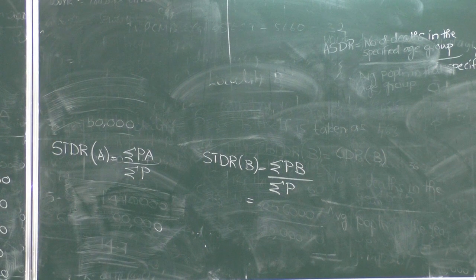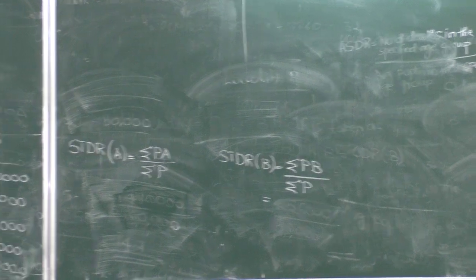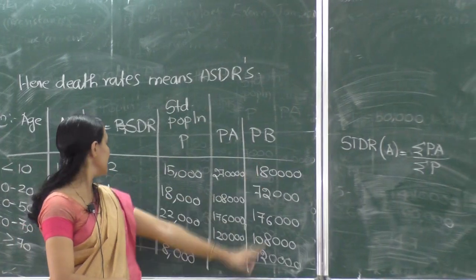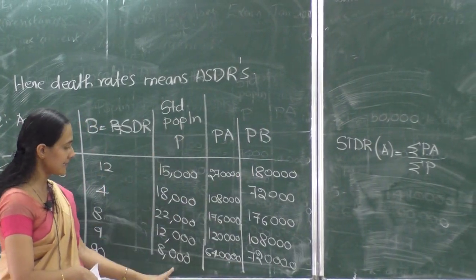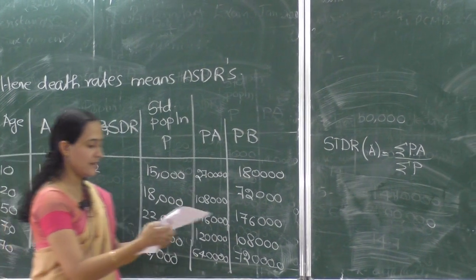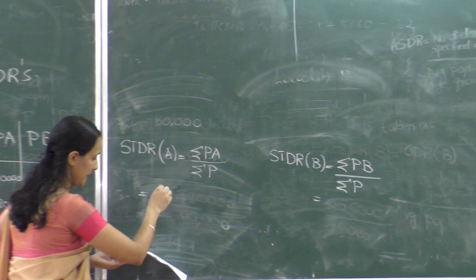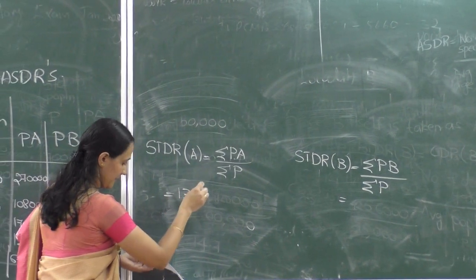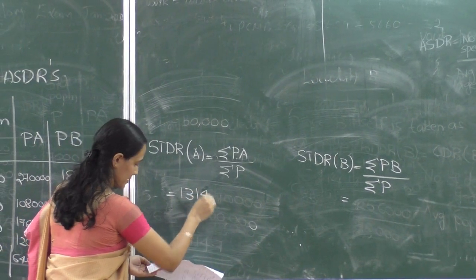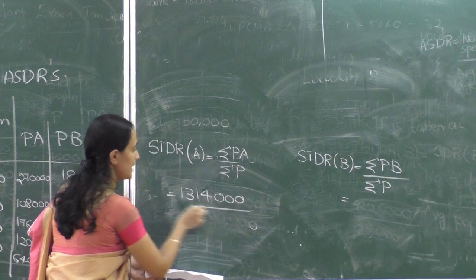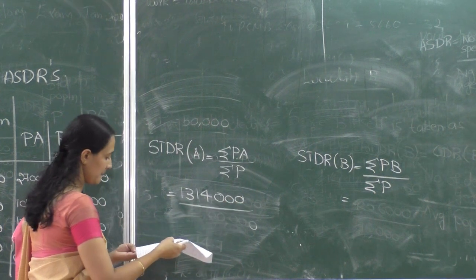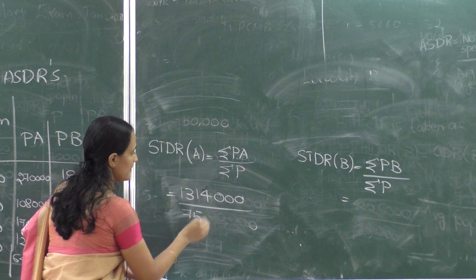Sigma PA means adding up this column, this one plus this one and so on, the total. P means the standard population total. The first one is sigma PA, 13,14,000, divided by sigma P, 75,000.